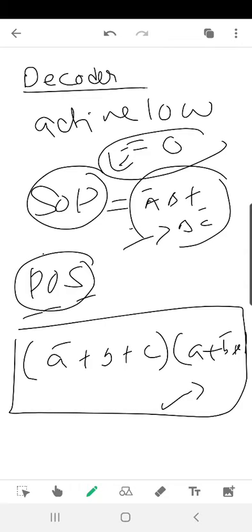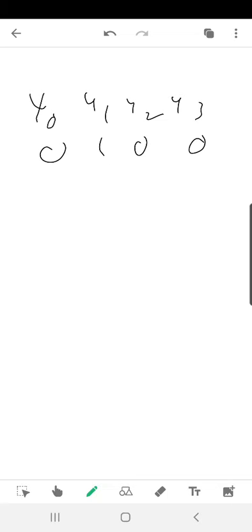Okay, second thing, for active high decoder we will consider those outputs whose values are 1. For example, if I have four outputs y0, y1, y2 and y3, and the value of y1 is 1 and all the other outputs are 0, then for an active high decoder, y1 will be considered only because the value of y1 is high.